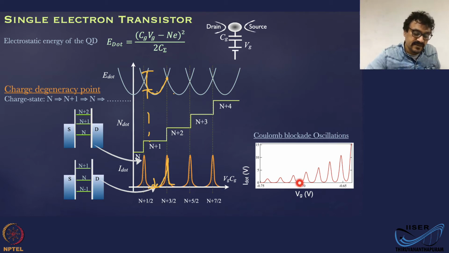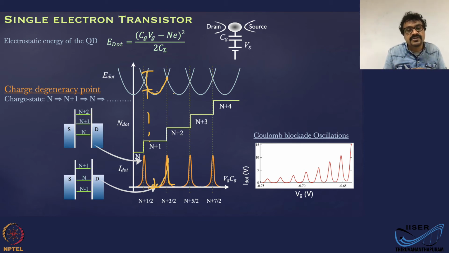Okay, and this is experimental data where you see a periodic oscillation as a function of gate voltage from a representative device. And at this point, we get a peak in the current, and the current will die very soon as you move away from that point. And how fast it will die away all depends upon various other factors such as thermal broadening.